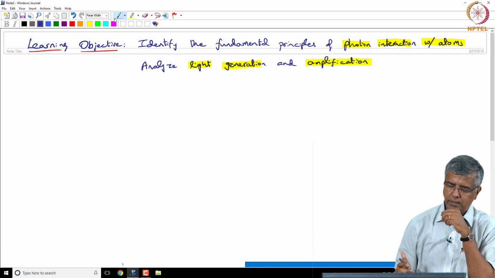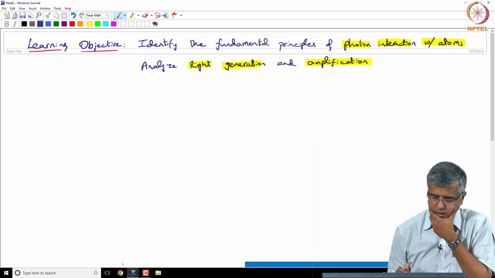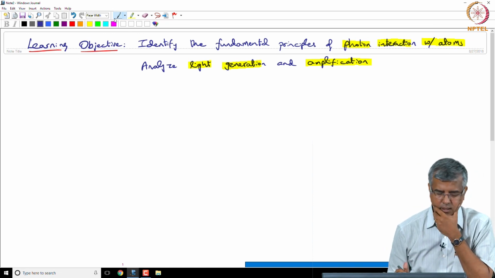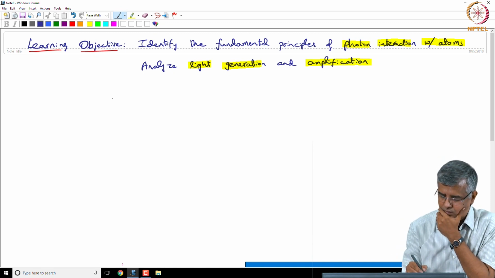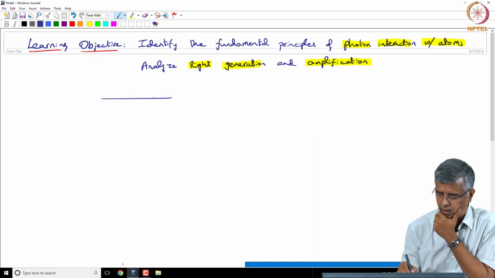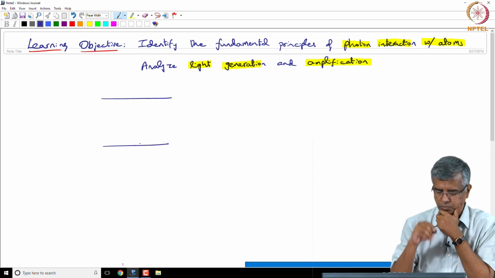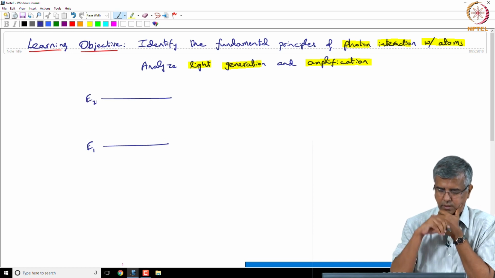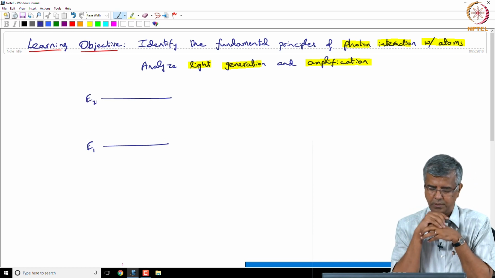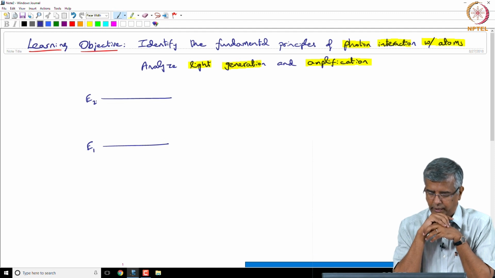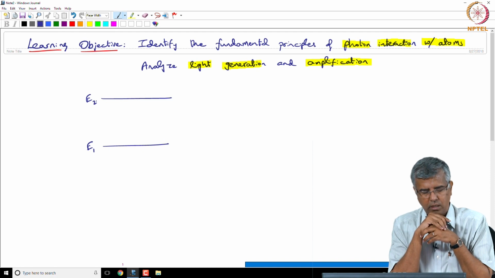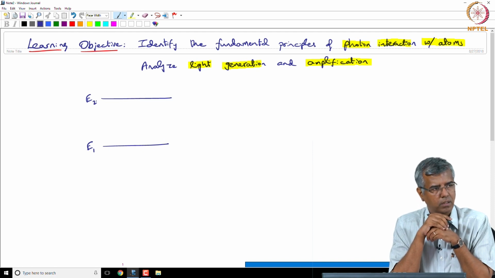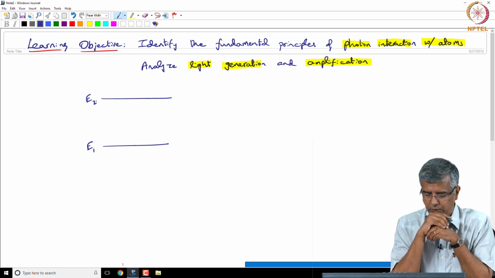Okay, to understand this, let's just consider an atom once again, just like we did in one of the previous lectures. We have an atom with energy levels, let us say E1 and E2, E2 being greater than E1, and let us see what all is possible between E1 and E2.